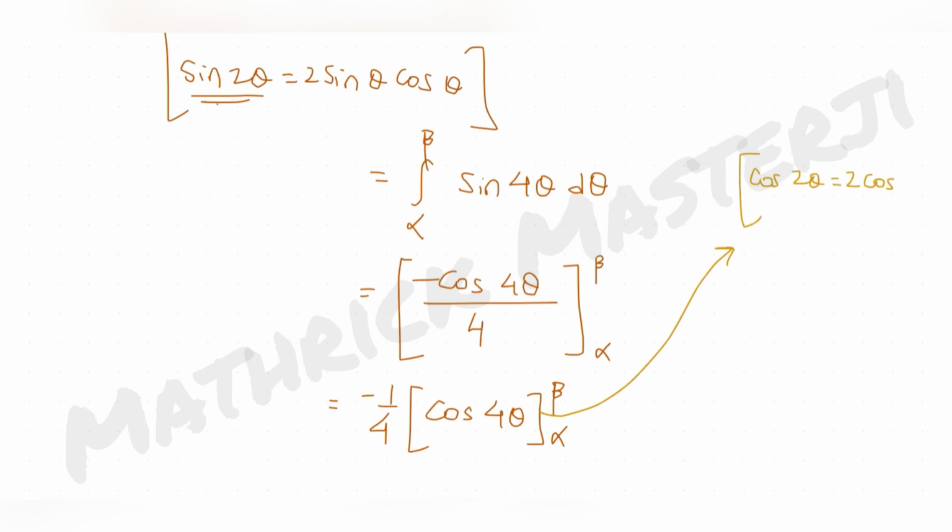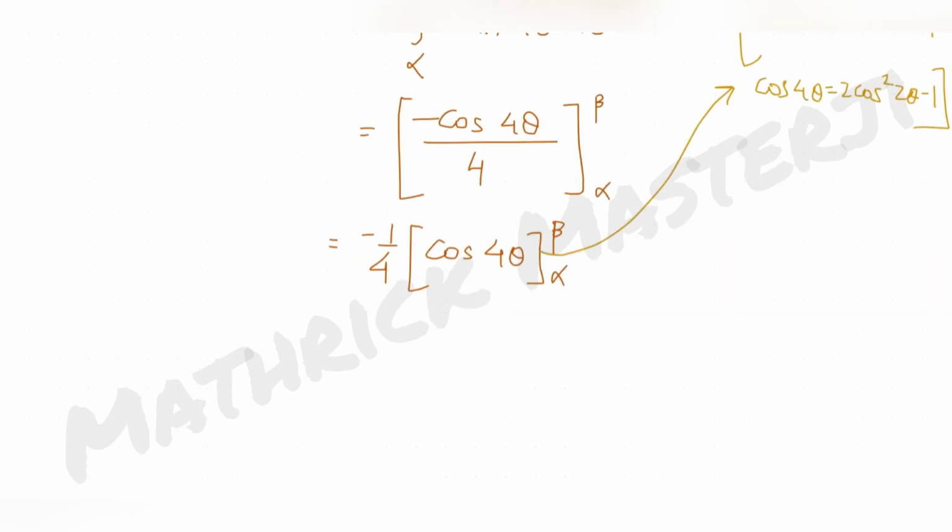So if I have cos 4 theta, I can write that as 2 cos square 2 theta minus 1. So you have minus 1 over 4, 2 cos square 2 theta minus 1, limits going from alpha to beta.